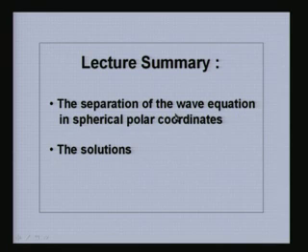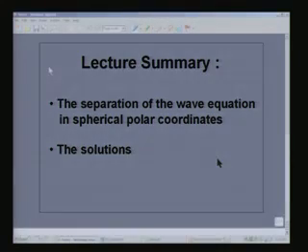One is the separation of the wave equation expressed in spherical polar coordinates r, theta and phi. The second part is the radial solution today. We will not look at the angular solution, as we will not have the time, but we shall examine the radial solutions and make sense of the results.